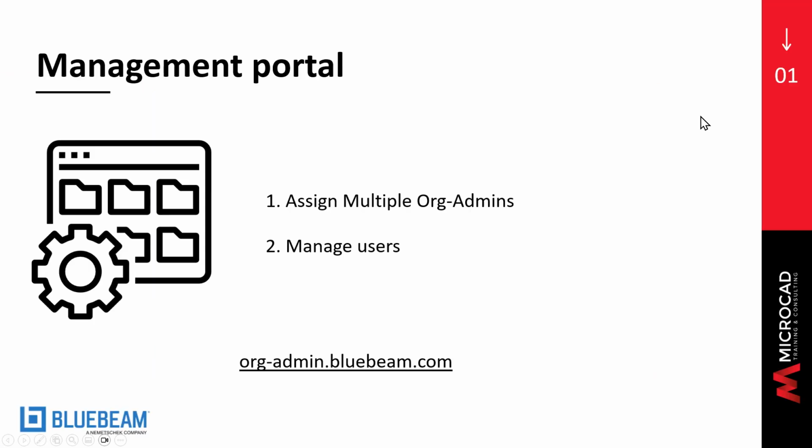The first thing we wanted to bring up is that using the management portal for subscription is quite basic, right? We are going to assign multiple org administrators. We are going to be able to manage users, and the login credentials are going to be similar if you have products without all this.